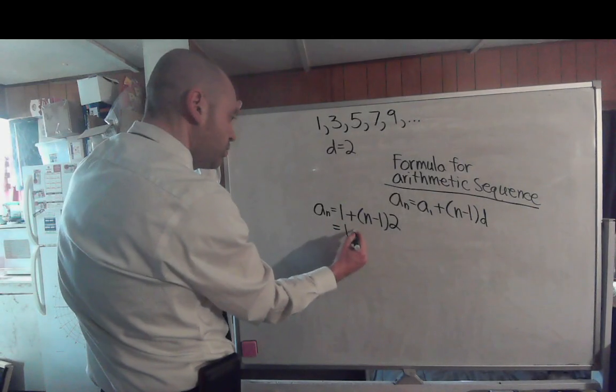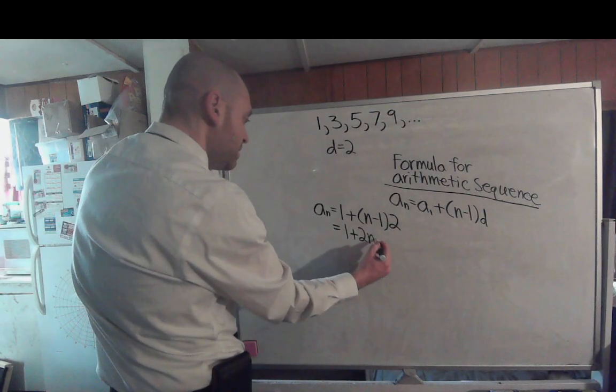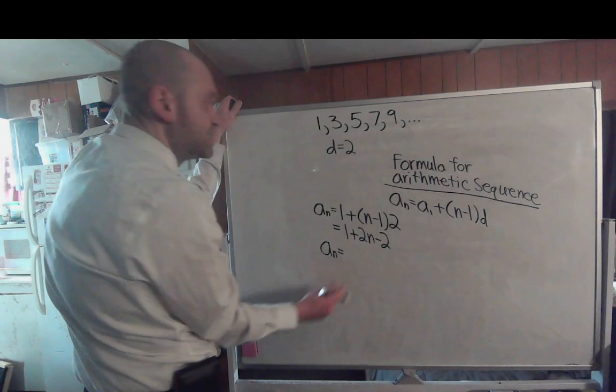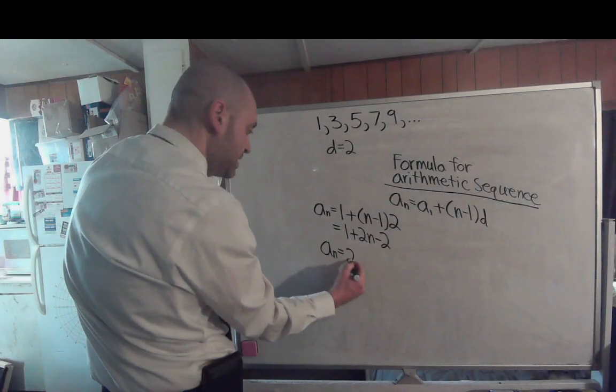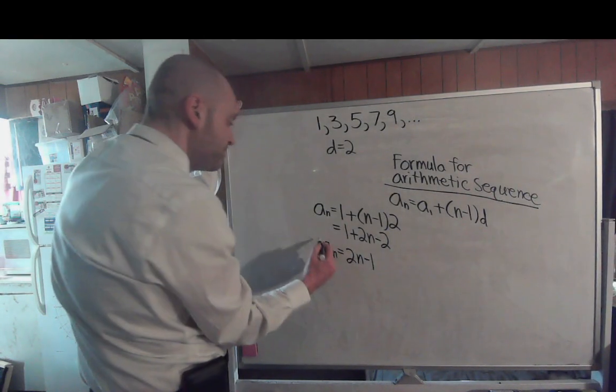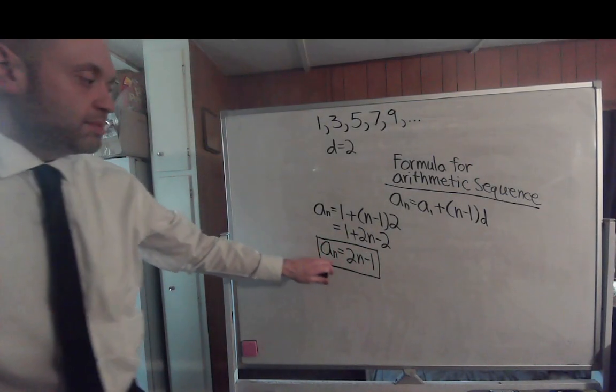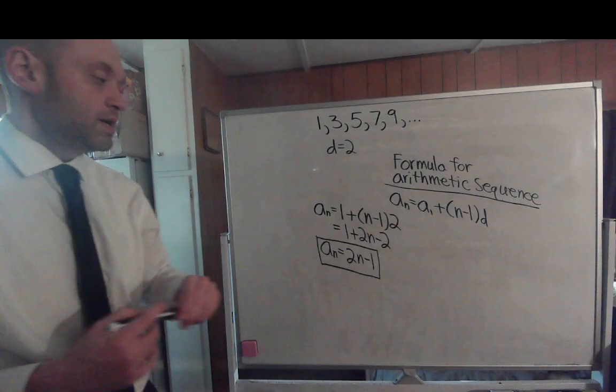So that would equal 1 plus 2n minus 2, which means the formula for this particular arithmetic sequence would be 2n minus 1. So that's the formula for the nth term: a sub n equals 2n minus 1.